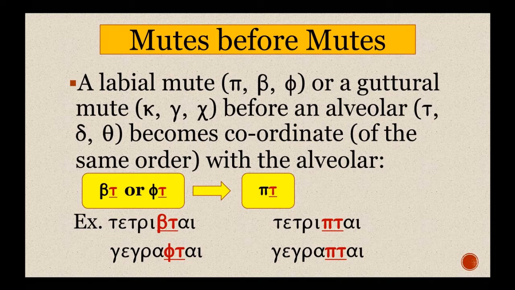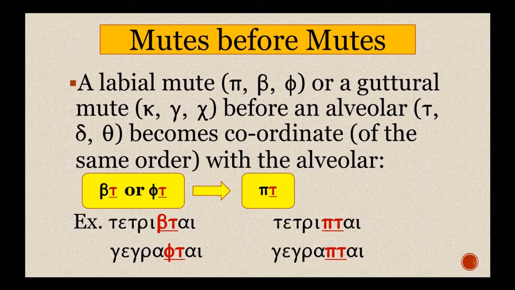Gegraphtai, but this tau causes the phi to become pi. So this is our final form, gegraptai, right? So everywhere that Paul or whoever in the New Testament writes, it stands written, that's the word behind it, gegraptai. So when we look at the perfect tense, we have something that happens in the front of the word and something that happens at the end of the word.